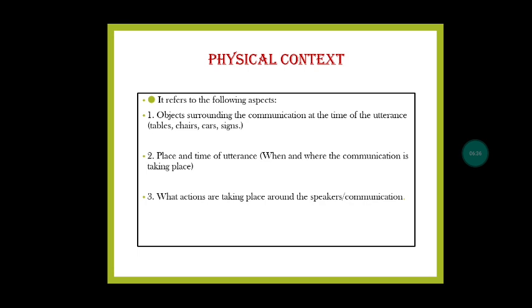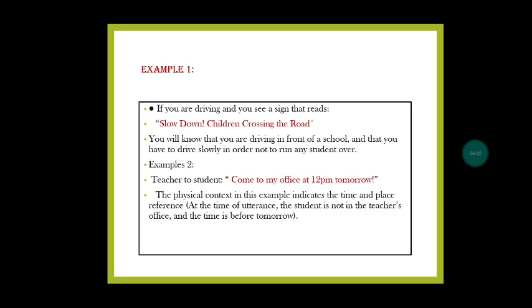In order to understand the idea of physical context, we will explain the following examples. If you are driving and you see a sign that reads, slow down, children crossing the road, of course, you will know that you are driving in front of a school, so you have to drive slowly in order not to run any student over.